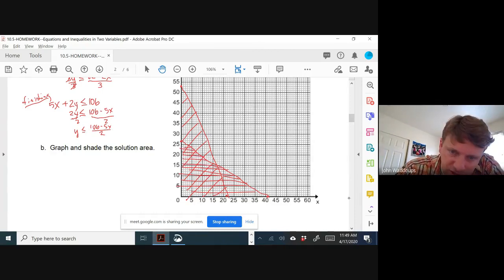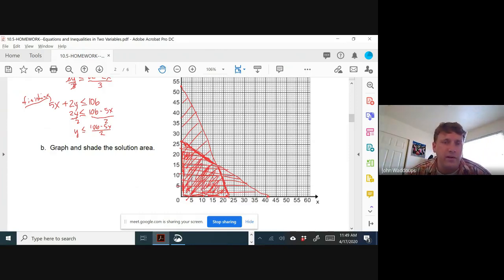And then just go over the lines where they intersect. Maybe even darken that in a little bit.